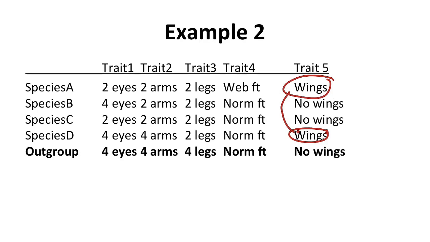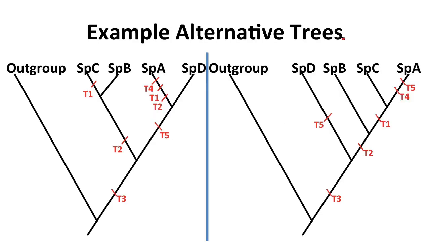So let's look at the possible alternative trees here, and let's place all the characters on there and see how many transitions it takes. So the left version of this has the derived version of trait 5 arising only a single time. So here it is, trait 5 arises once, and it clusters in A and B. Or I'm sorry, A and D, I said that wrong.